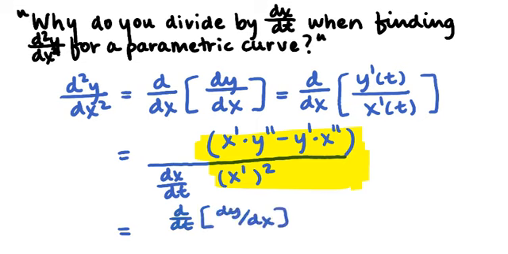Right, that's what I have in yellow. And I'm dividing by dx dt, which kind of answers the age-old question, why am I dividing by dx dt when I'm doing this? Okay, that's why. It has to do with the quotient rule and the chain rule, I guess both in one.